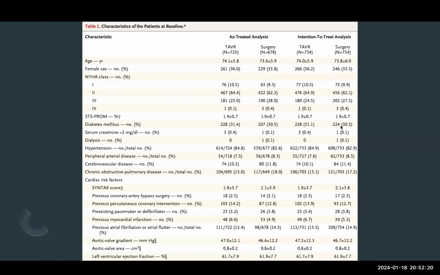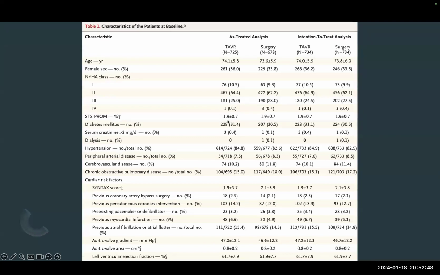This is clear to everyone. Anyway, the reason I'm showing this is to see the baseline characteristics. The median age is 74, so half of the patients are less than 74 in both groups, and this is almost the same as the PARTNER 3 trial. 25% have severe symptoms.